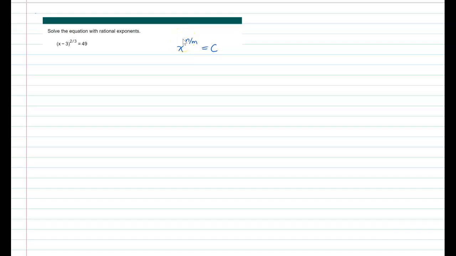If n is even, so the exponent is even, then x is equal to plus or minus c to the reciprocal of the exponent, m over n. And we will apply that to the given equation here.